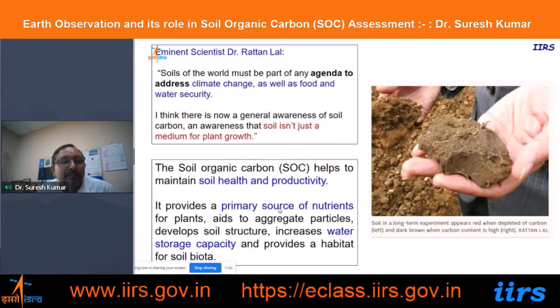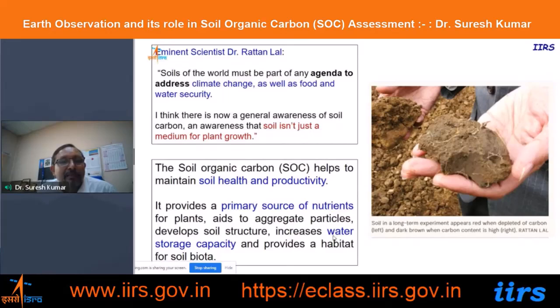of nutrients for plants. It is useful for the aggregation of soil particles. It helps in developing soil structure. It increases the water storage capacity of soil and provides a habitat to soil biota. So all soil microorganisms live because of soil carbon. Soil carbon is food for them.